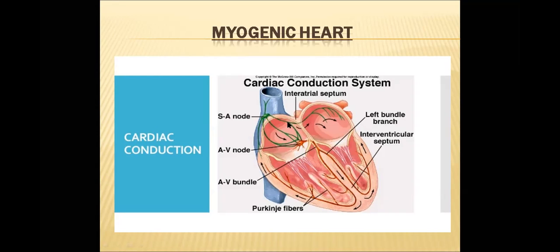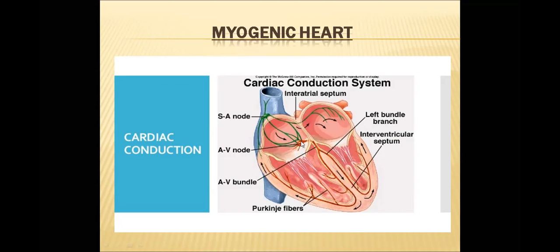After receiving the signal from these green fibers, all the muscle cells present in the auricles contract. So auricular contraction, or auricular systole, is initiated by the SA node. And once the auricle walls complete their contraction, auricular systole completes. By that time, the signal will be received by the AV node.